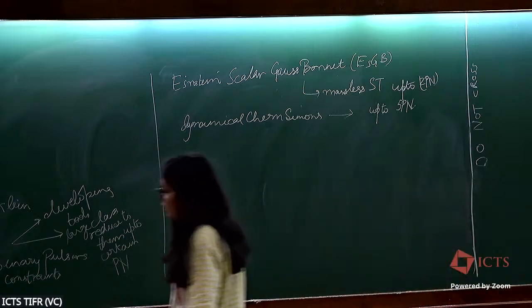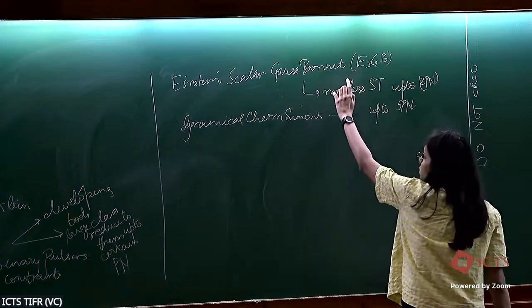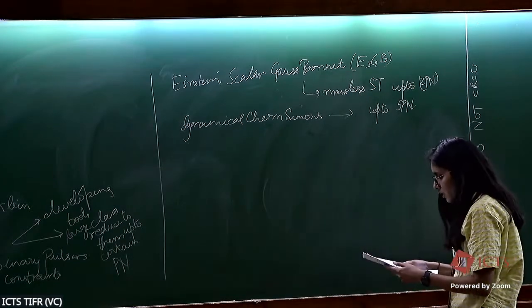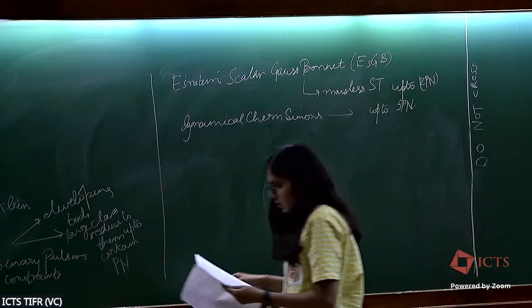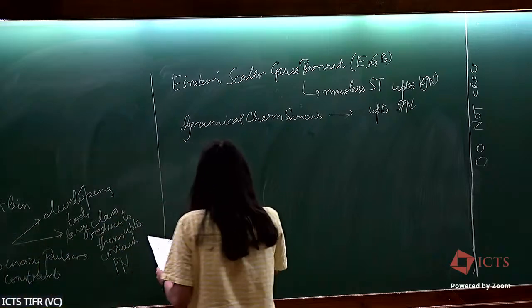So this class of theories provides a good baseline to study even more complicated theories like Einstein scalar Gauss-Bonnet or dynamical Chern-Simons. So these could be the motivation for studying massless scalar tensor theories. Now what happens in these massless scalar tensor theories? But before going into that, let's look at the action, how the action modifies.